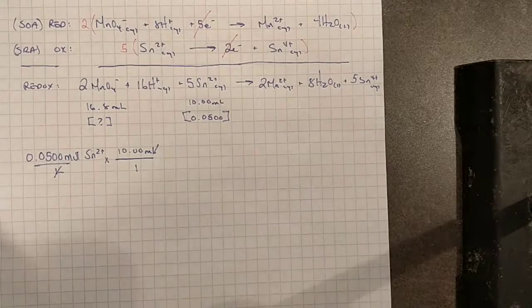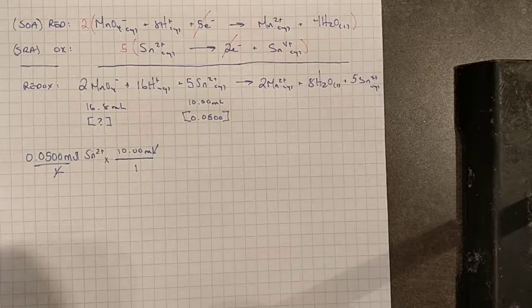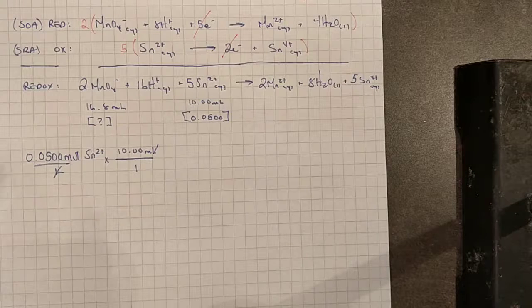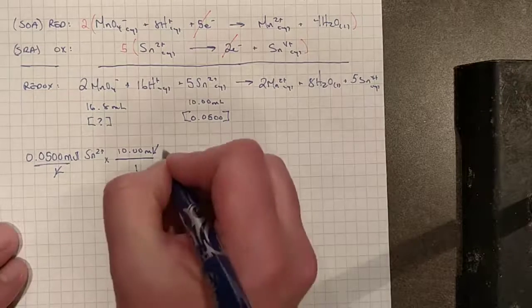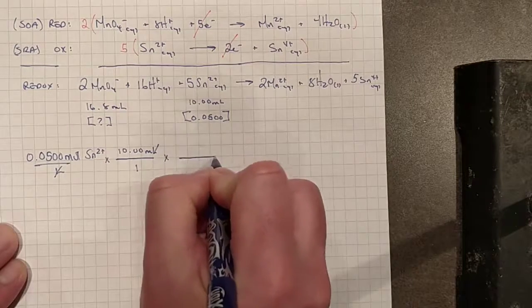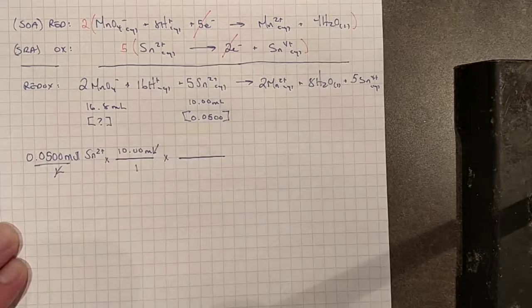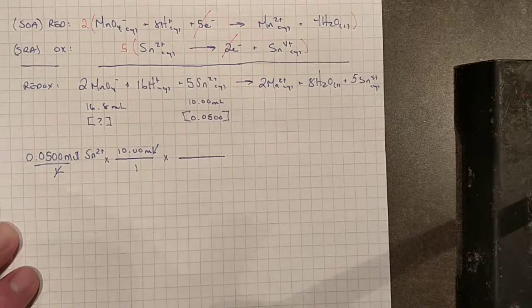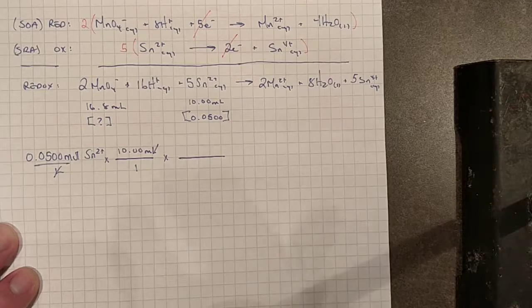Remember in stoichiometry that any metric prefix does survive. If you hate this, convert 10 mL to liters and then put it into your factor label method. We now have millimoles of Sn2+. Because that is a mole quantity, we can now do the stoichiometry, which means we can use the mole ratio between tin and permanganate.